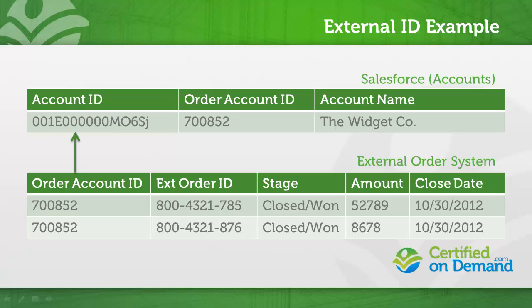By default, when you load data into Salesforce, it will expect that you reference its primary key, the Salesforce ID. But in this case, you want to reference the primary key of an external system. You can upsert data into Salesforce using an external foreign key so long as that field is marked as an external ID. We'll discuss this further when we talk about data management.